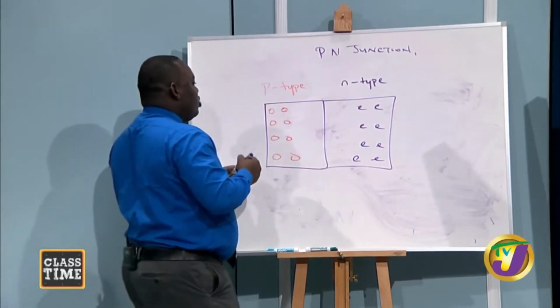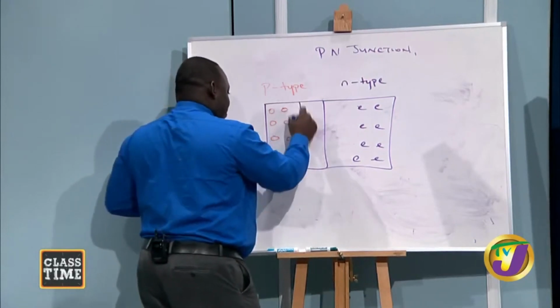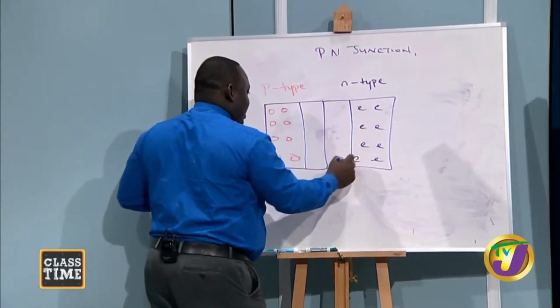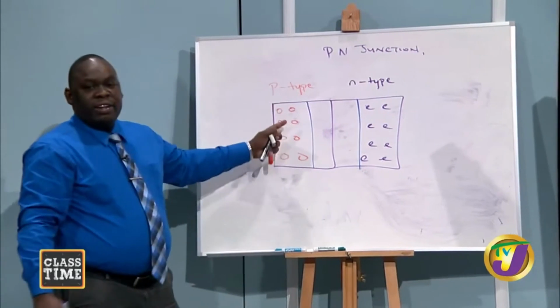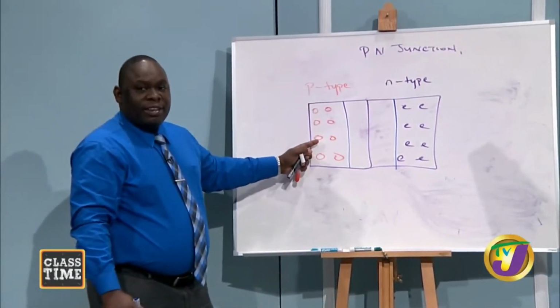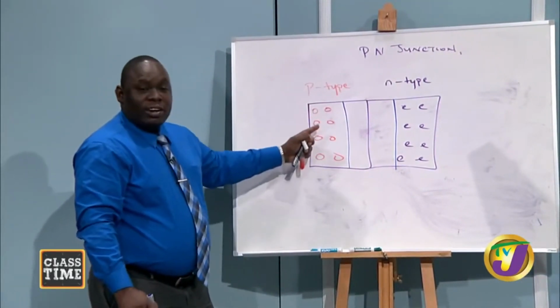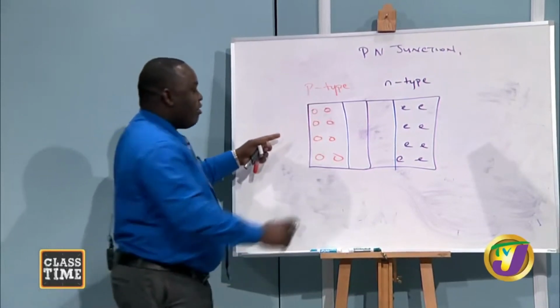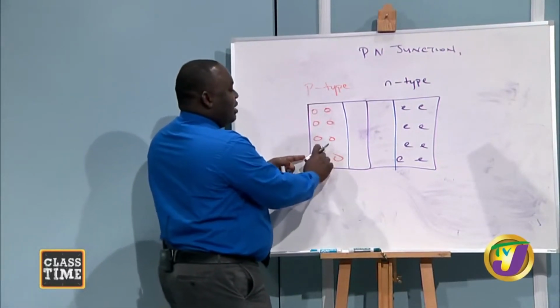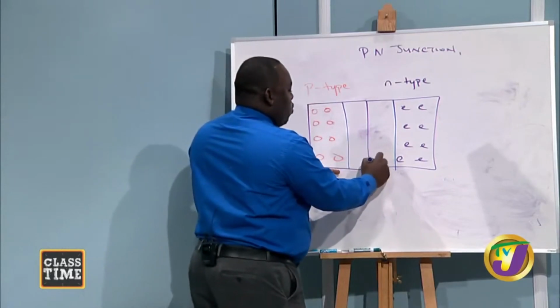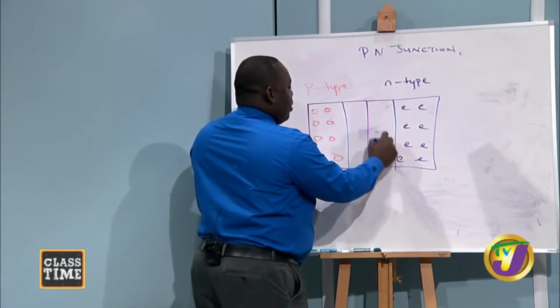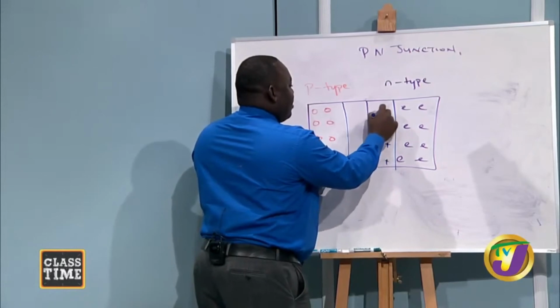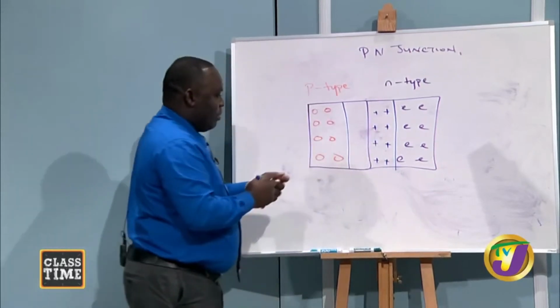But right across our junction, what we will have naturally taking place is actually space charges. So over here, we have an increase in holes rather. These are positively charged. So what we will realize is that these positive charges will just wander over to where our electrons are, because they have the laws of attraction taking place.